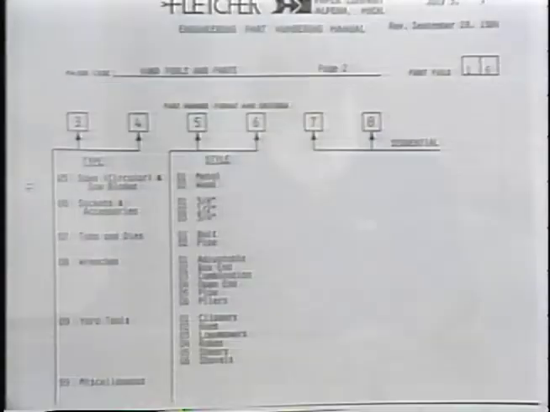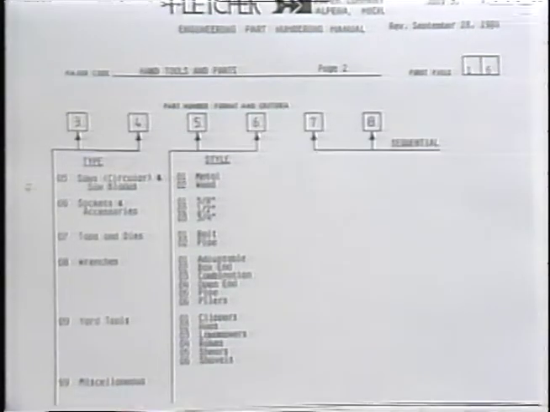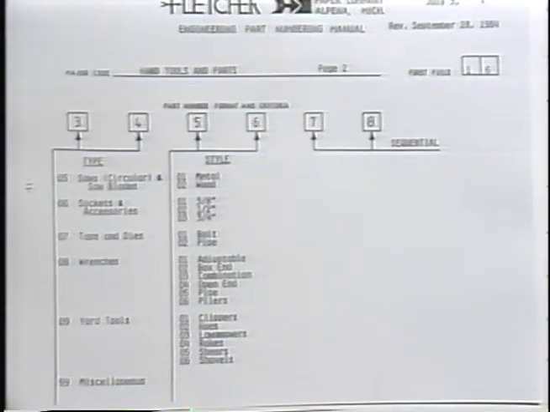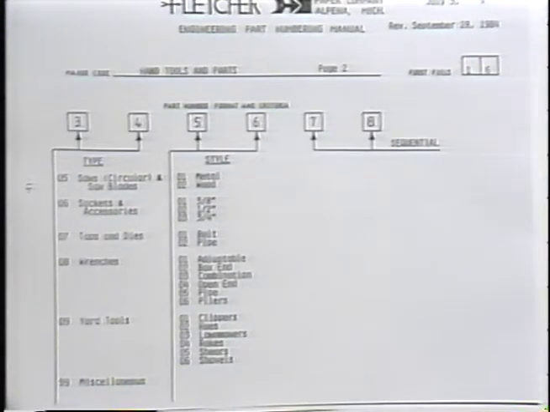Now, if we continue on hand tools, on page number 15, we will look at the second field, 05, saws, circular and saw blades, and then we get into 06, sockets and accessories and so forth. And you notice the same continuation occurs. And then when we're down at the bottom of this page, we have 99 miscellaneous.